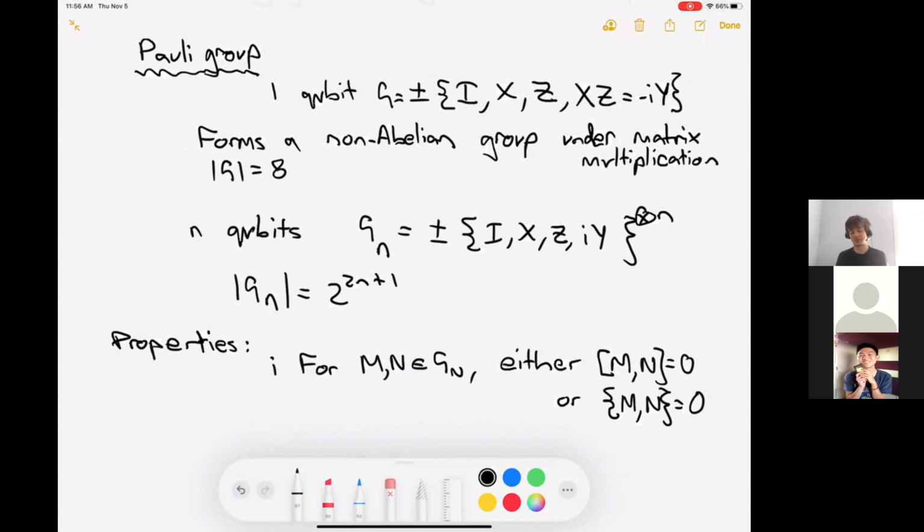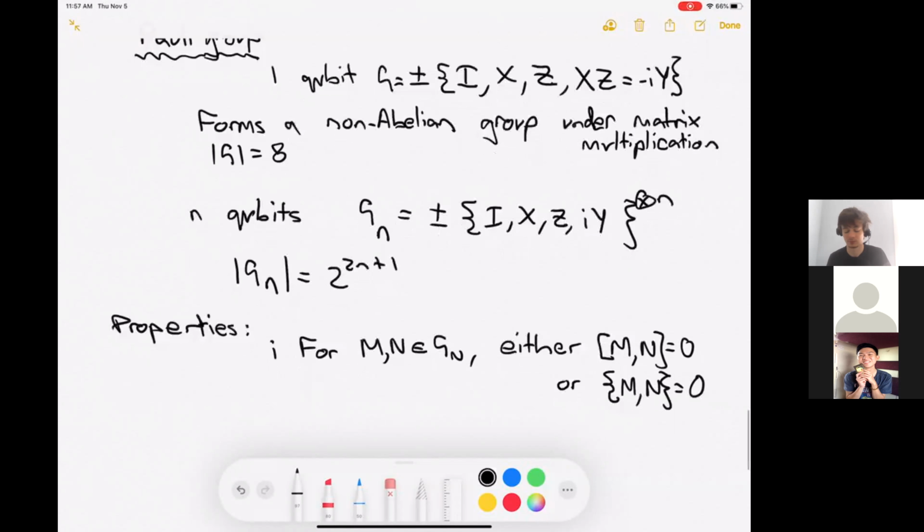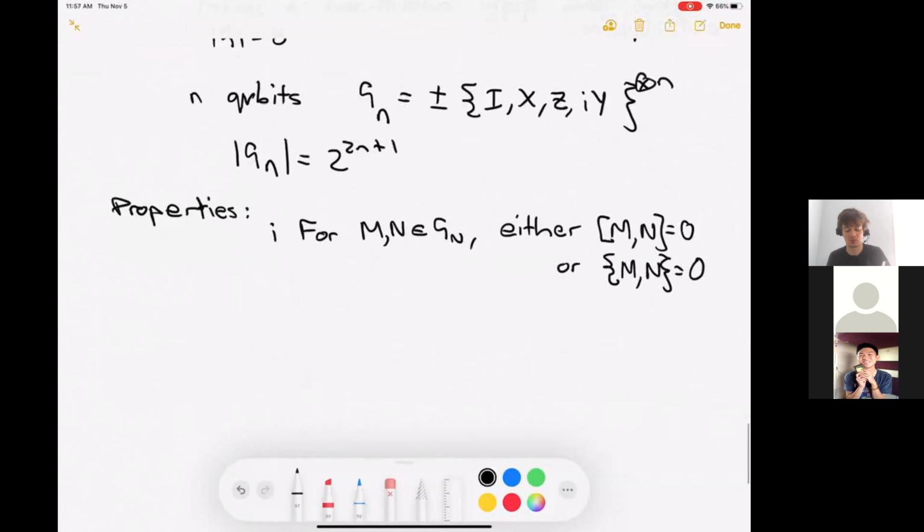And so you just have to calculate the overall sign you get when you move N past M. You just have to count the number of the n qubits where both of them are different Pauli matrices. So the same Pauli matrix, they commute. If one of them is the identity, they commute. That clear? Anyone unhappy with why that property is true? Okay, great.